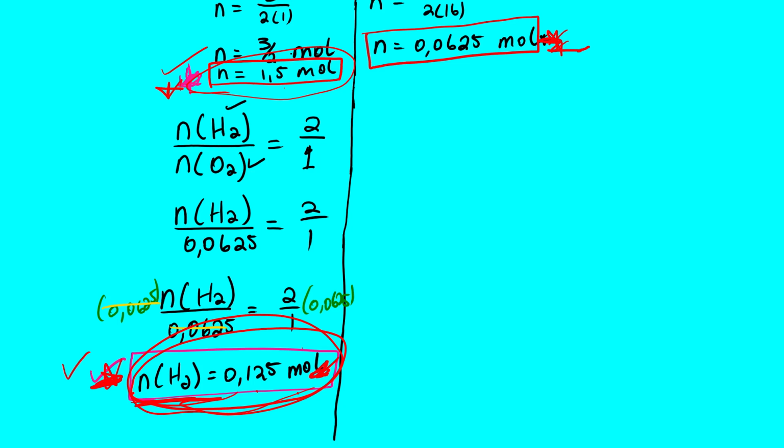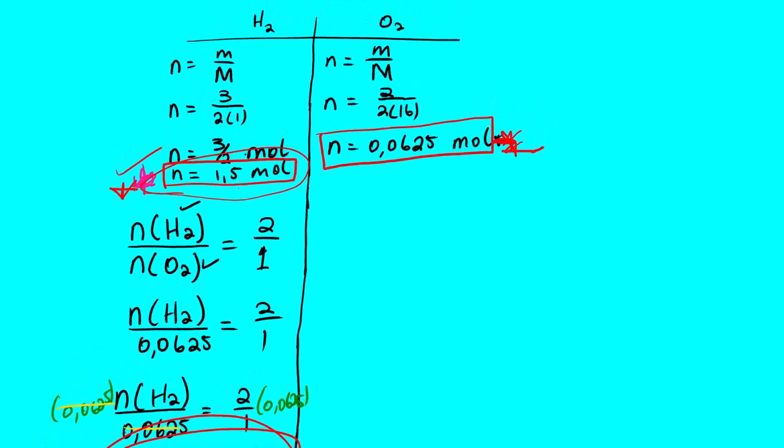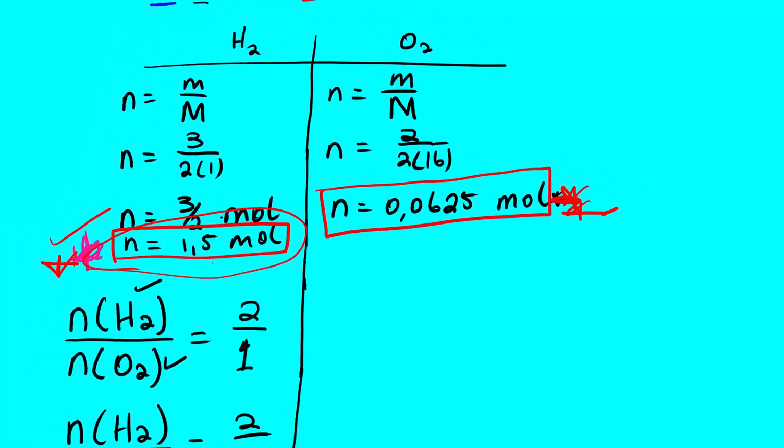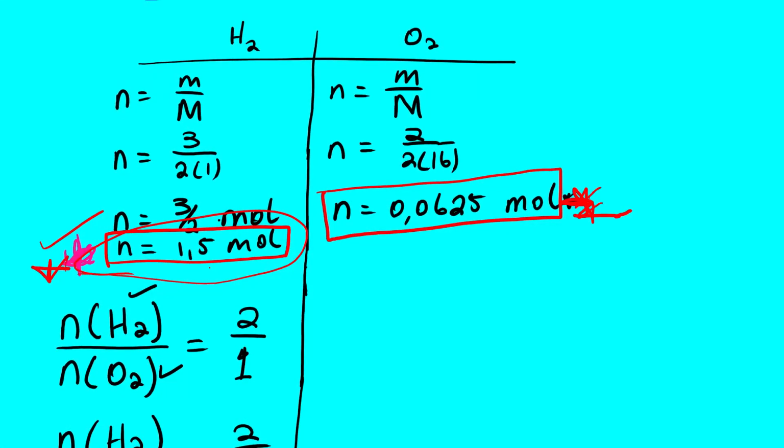So we can conclude that hydrogen is not the limiting reagent. In fact, we have more than what is required for the reaction to stop. And remember, the reactant which makes the reaction stop is the limiting reagent. Now we can go ahead and prove by calculating how many moles are needed to stop the reaction.